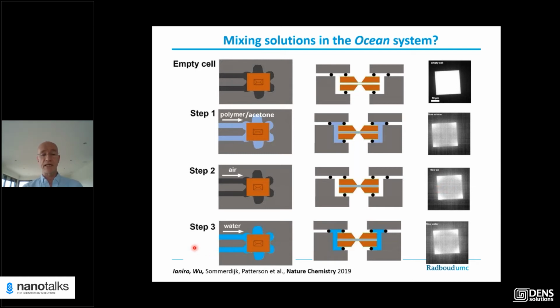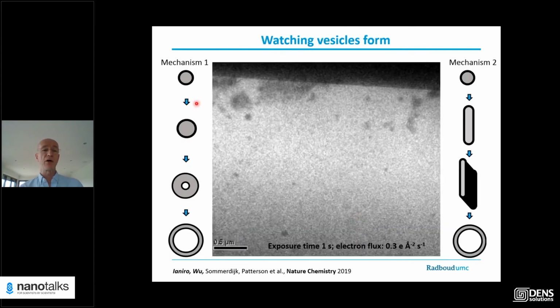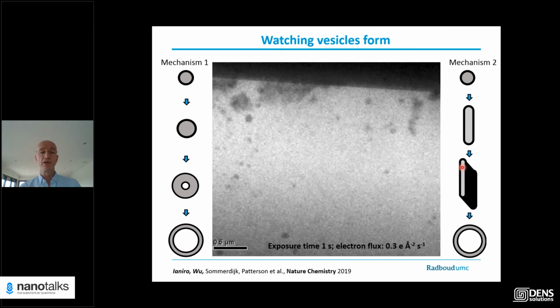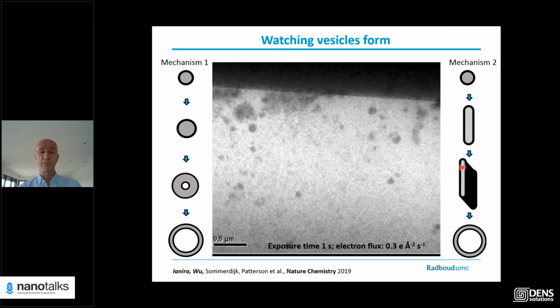In the last step, we introduce water surrounding the whole chip and diffusing in slowly from the side to change that acetone solution into a mixture of water and acetone in which the polymer vesicles could form. This would now allow us to study if we have mechanism 1 going on or mechanism 2. And you can see for yourself what is happening.